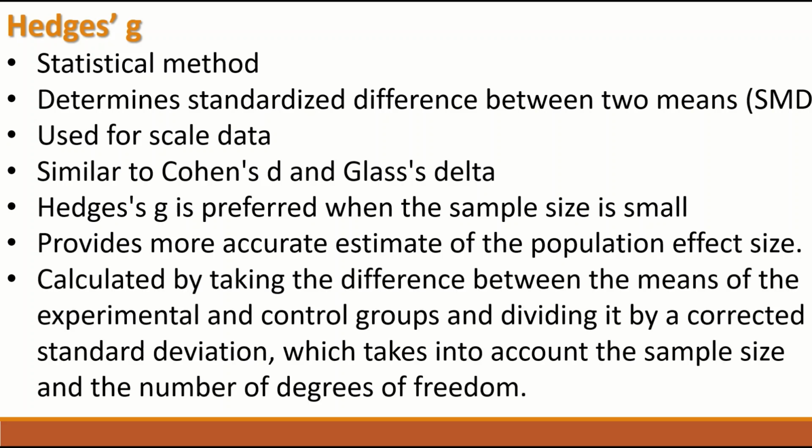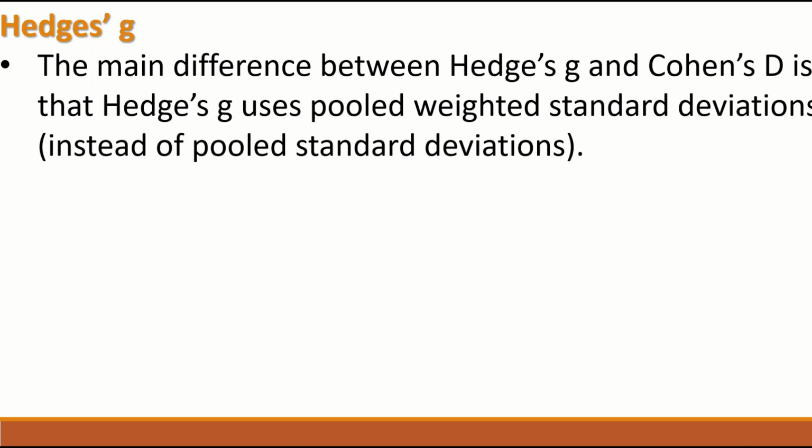How do we calculate the Hedges G? By taking, first of all, the difference between the means of the experimental and the control groups and dividing it by a corrected standard deviation, which takes into account the sample size and the number of degrees of freedom. What does that mean?